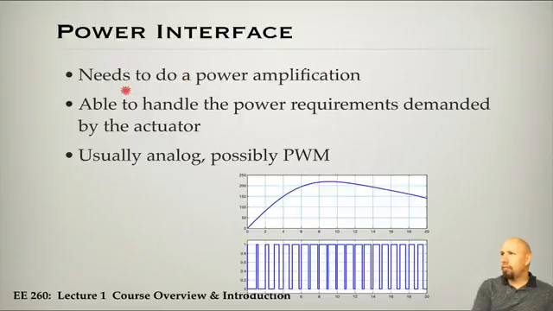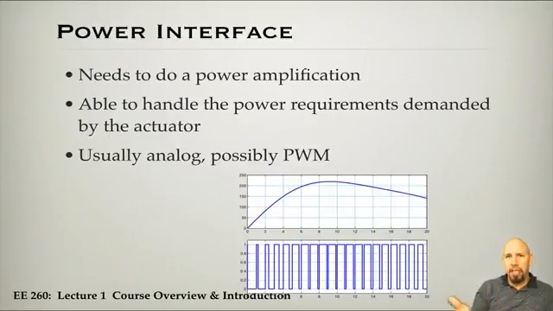So the power interface may need to do power amplification. Your Arduino puts out 0 to 5 volt values, but that directly may not be useful for a motor. So you have some kind of power amplification, and often that will be in the form of current amplification. The Arduino can put out milliamps of current, but a motor might require 30 amps.